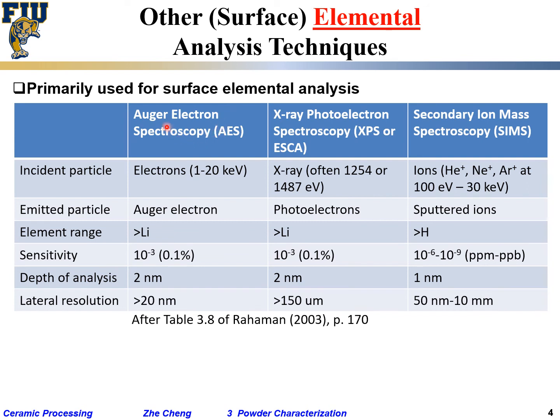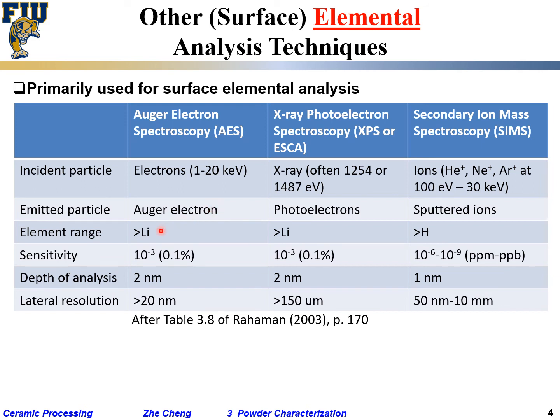The first one is Auger electron spectroscopy, AES. It's a vacuum surface analysis technique. You are using a high energy electron as the incoming particle, and what you are measuring is another electron, a knocked out electron.